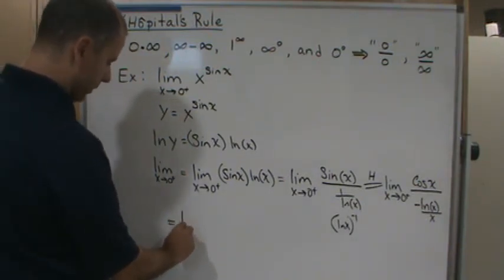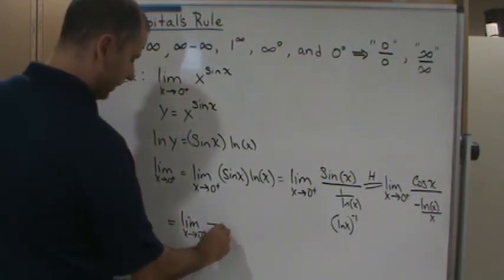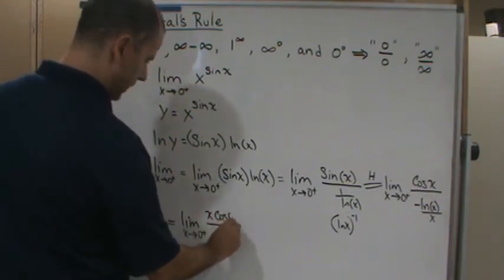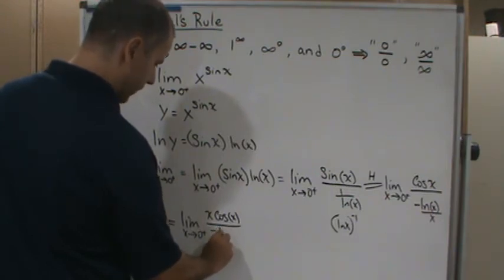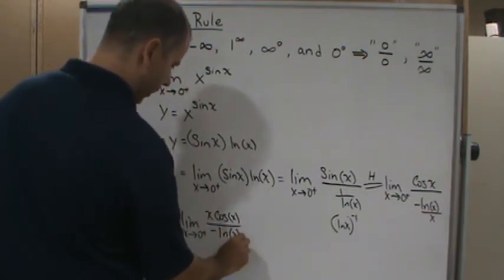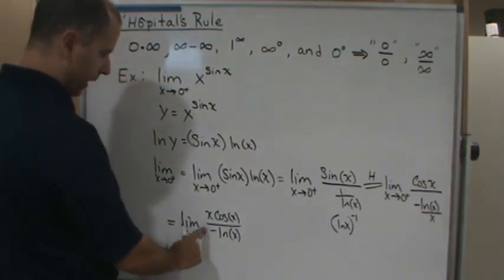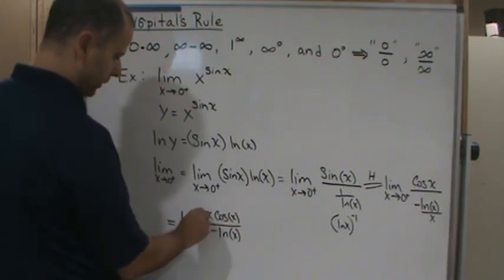That equals the limit as x approaches 0 from the right, and now I'm going to write this as x cosine x over negative natural log of x. Okay, so now, as x is going to 0 from the right, this is going to 0, this is going to 1, so this top is going to 0.